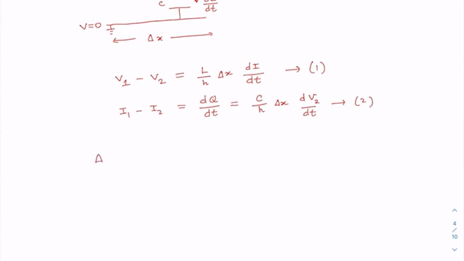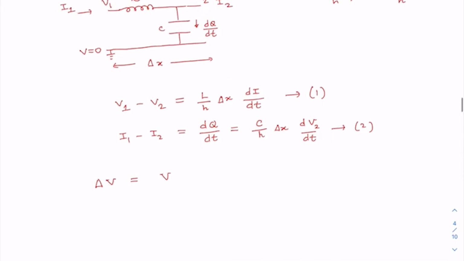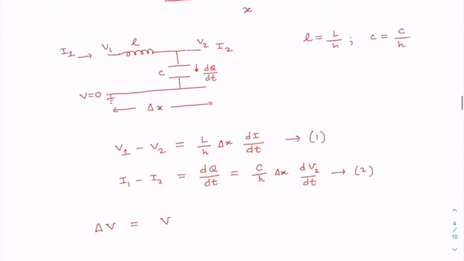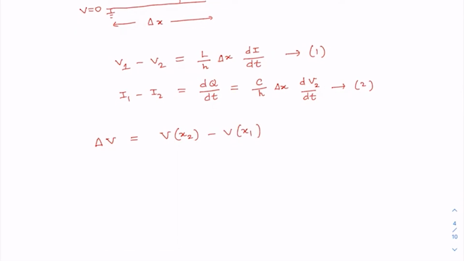So the potential difference delta V, I can actually write it as, because I am considering it's a continuum kind of transmission line, though we have very small inductance and capacitance, I can write the potential difference as V of x2 minus say V of x1 at two different locations, and this I can also write as delta V by delta x if I divide it by the length.